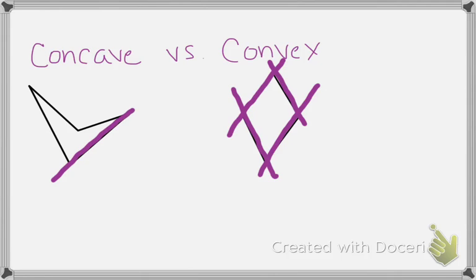Now these two don't extend inside of the figure, but you do have these two which do extend inside of the figure, right? So if they cross into the interior, that makes it concave. So some of you might like this method better, just to extend all of the sides and see if any of my sides go inside of the figure, that makes it concave. If they don't, then it's convex. Some of you are just going to prefer to look at the figure and ask, if I flip this around, is there any way that I could get the shape to hold water? Right? Are there any questions on what concave versus convex is?